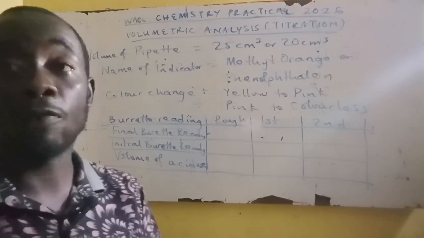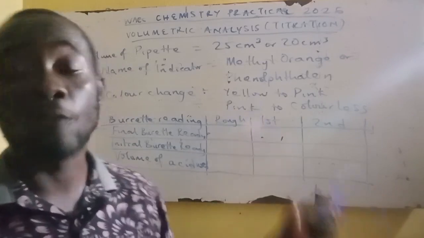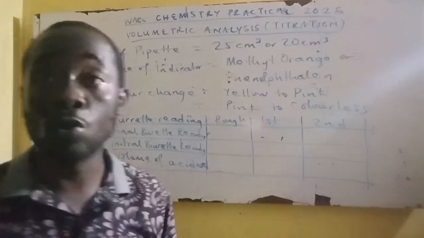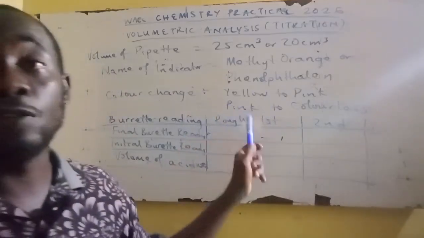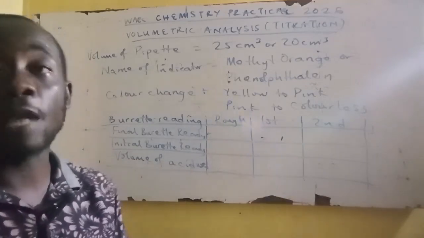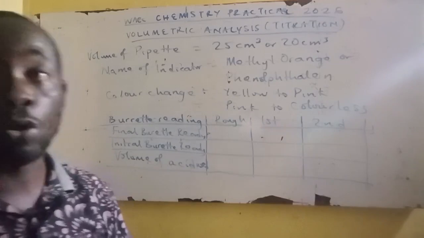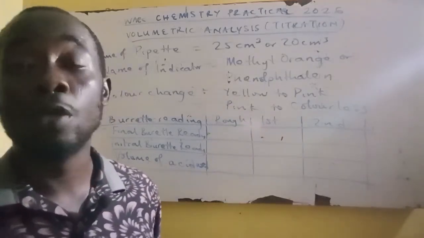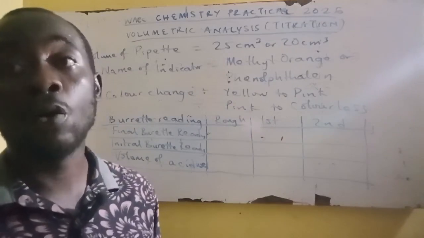Then after you have titrated your acid against it, it will change from yellow to pink. The same thing if it is phenolphthalein. We are going to have pink, but after titrating, the pink will change to colorless. So be expecting any of the two indicators. That's how it is going to be.